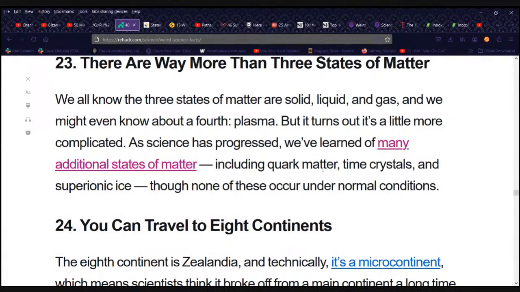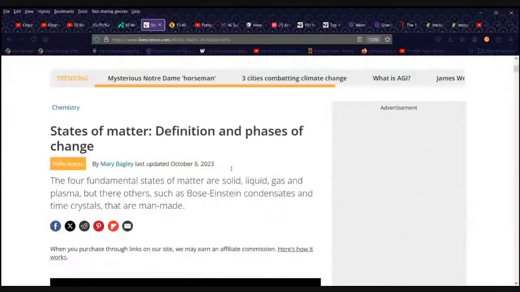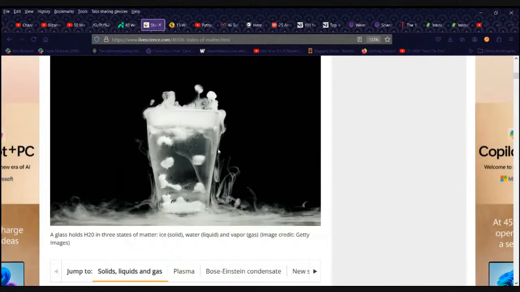So they're talking about quark matter, time crystals, and superionic ice. Yeah, they don't even mention semi-solid. That's the cornstarch, liquid cornstarch, where it can be liquid and solid. States of matter, definition of phases. So these go to other links that you can really get into a rabbit hole.